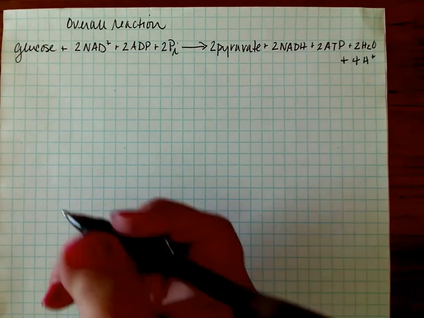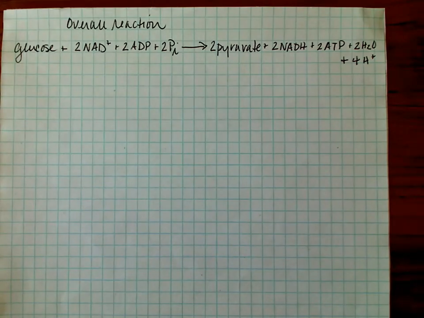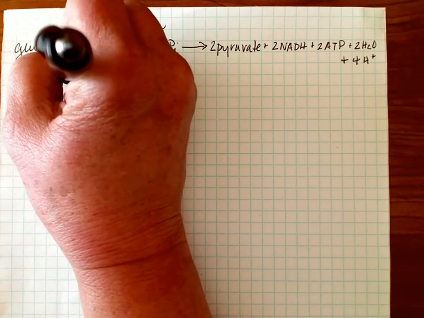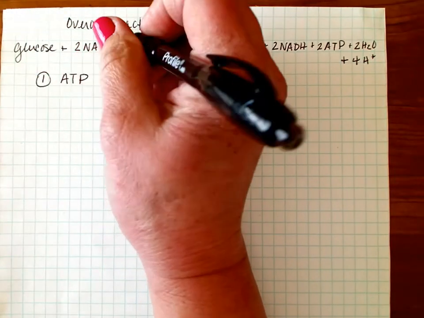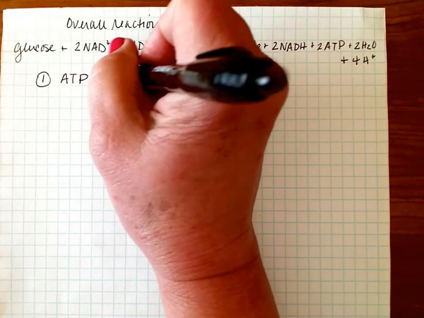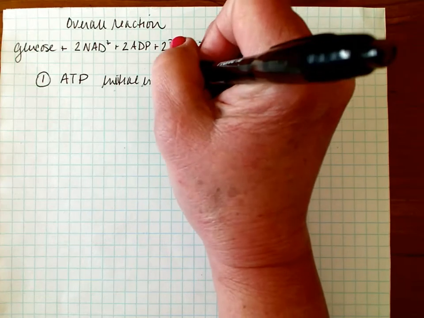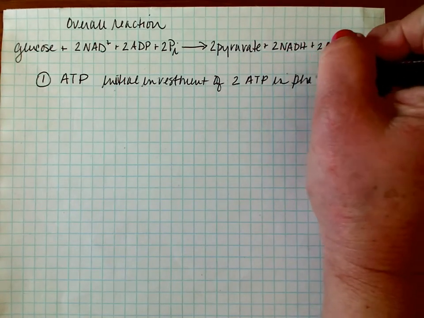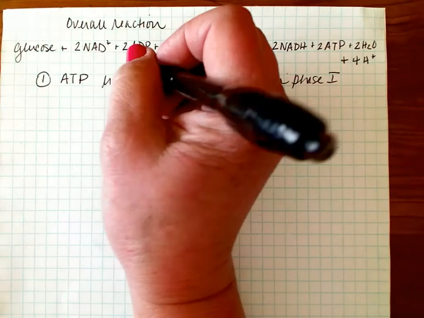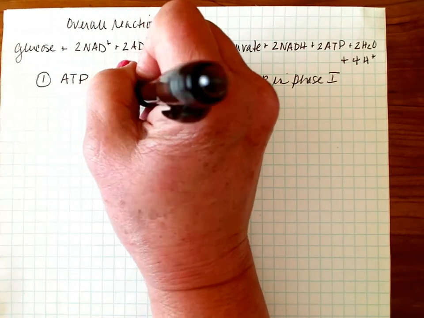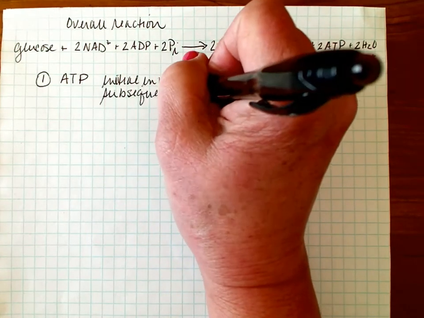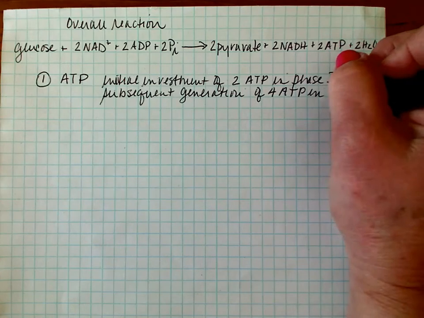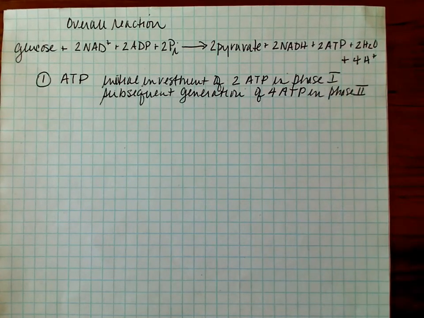Okay. So the 3 energy-related products of glycolysis are 1, ATP, obviously, and of course in phase 1 there is an initial investment of 2 ATP per glucose, and then the subsequent generation of 4 ATP in phase 2 by substrate phosphorylation.